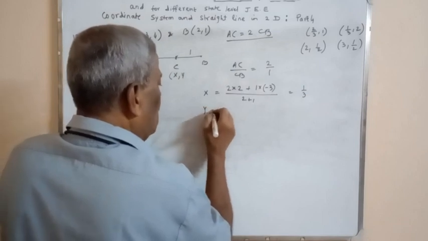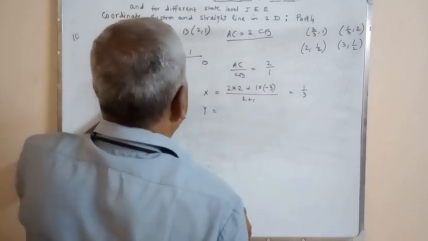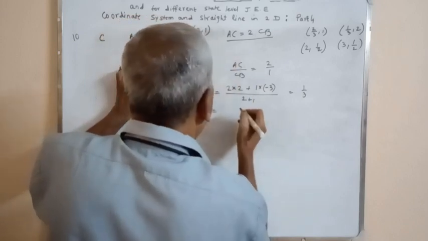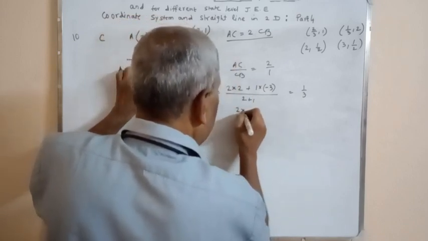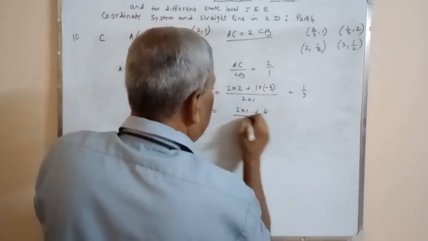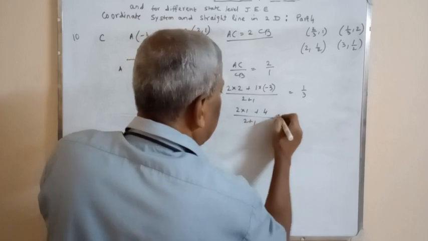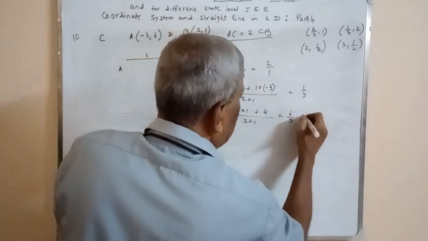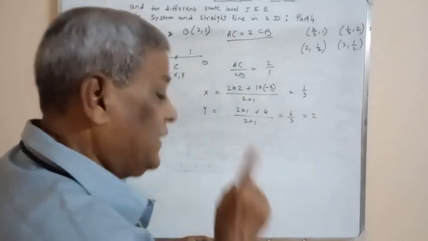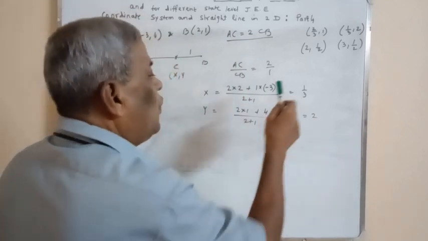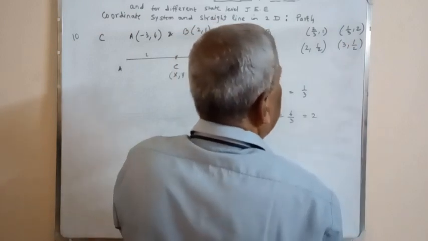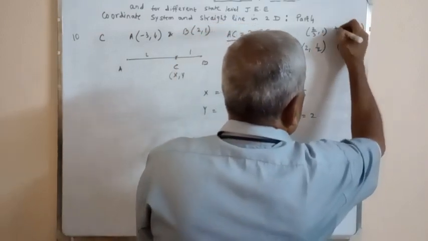Capital Y, Y coordinate, it is equal to 2 into 1 plus 1 into 4 divided by 2 plus 1, that is 6 by 3 is equal to 2. So, coordinate of the required point C is 1 by 3, 2. So, option B is correct here.